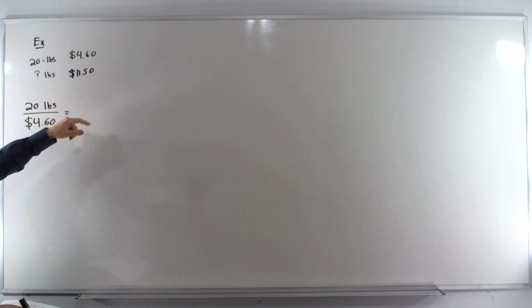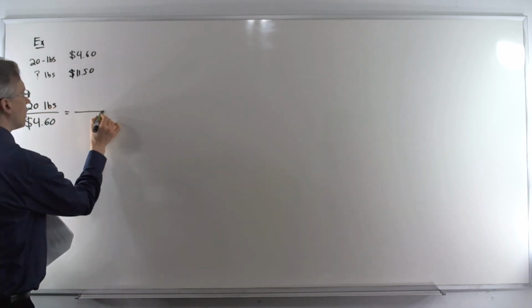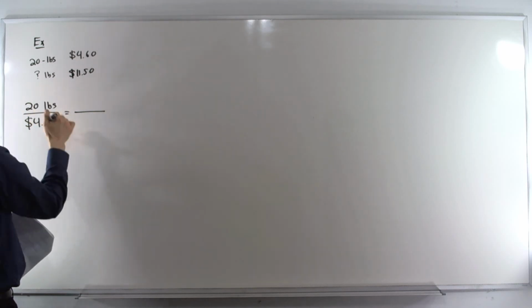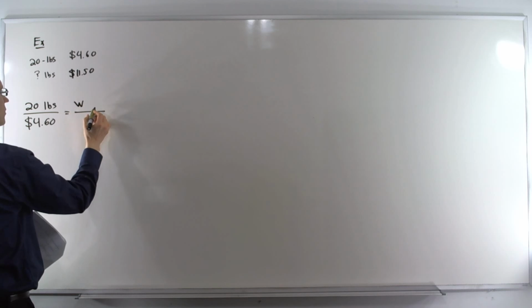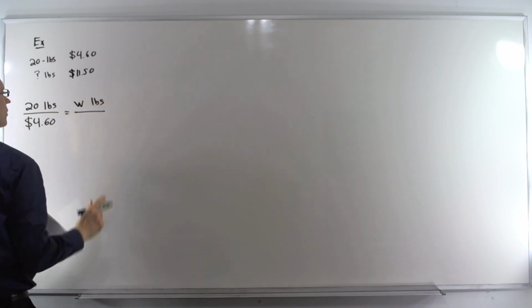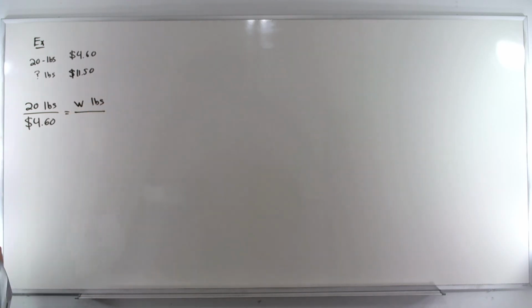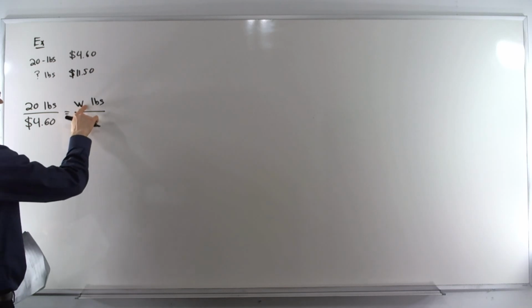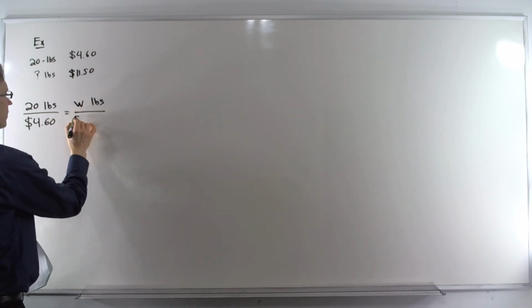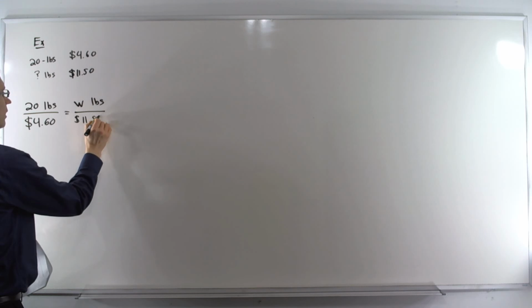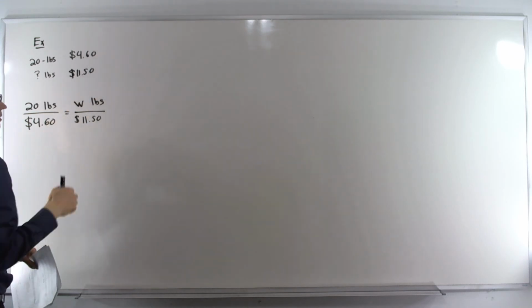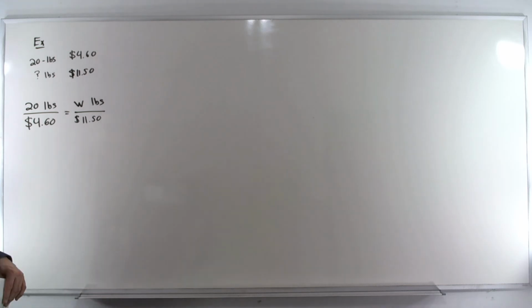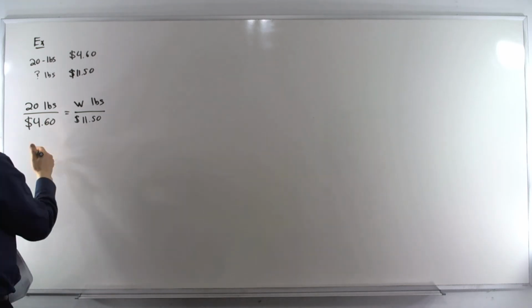We're going to put whatever pounds on top over here. So we don't know how many pounds, so I'll just call it W for weight. Or maybe P for pounds or something like that. All right, so there's our variable for the unknown, but we know that we're going to be paying $11.50. So I've got pounds on top on both fractions, dollars on the bottom on both fractions, so it's set up correctly. Now we can cross multiply.